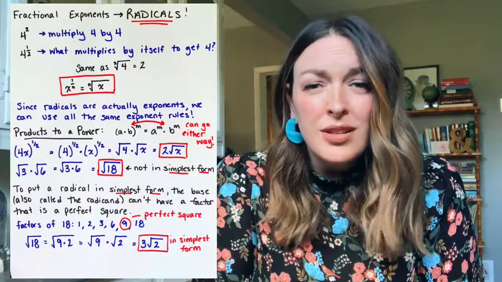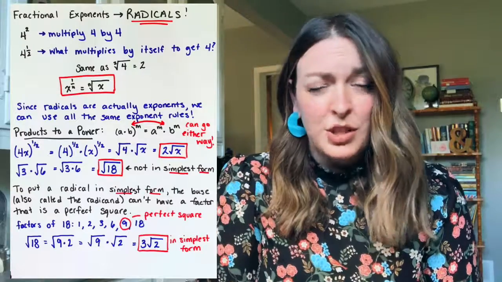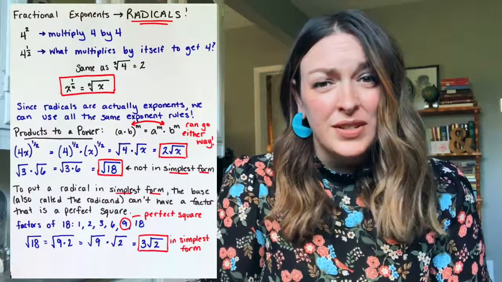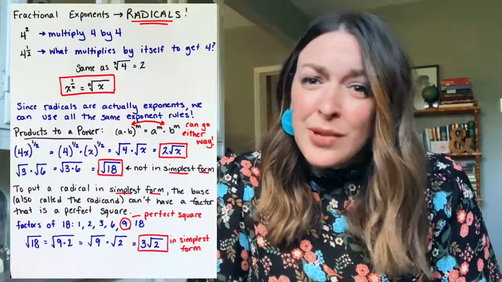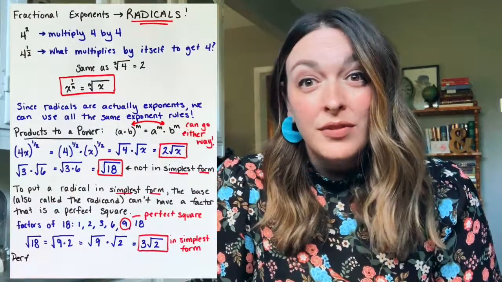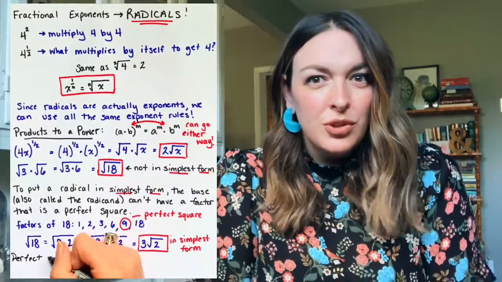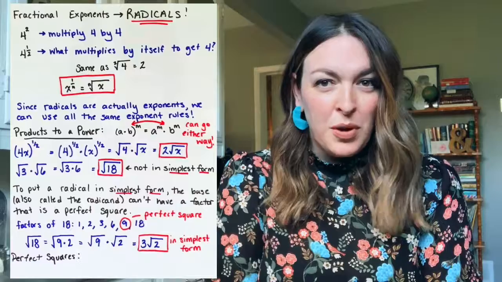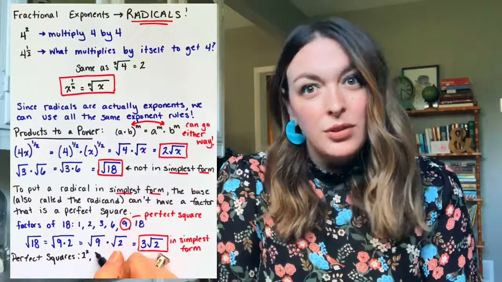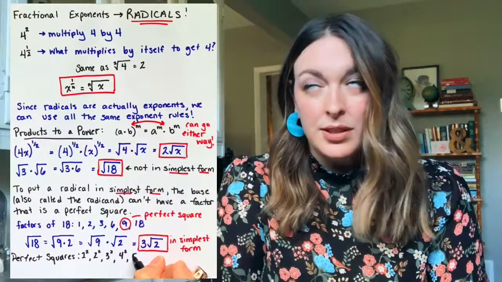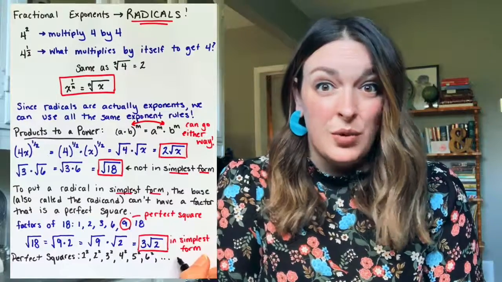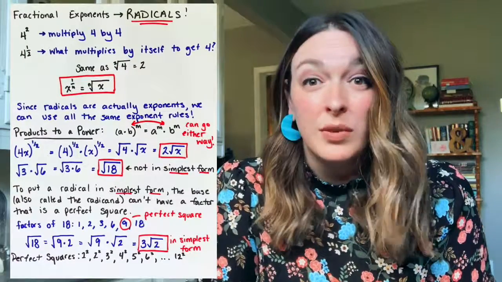So in order to simplify radicals like this, you really, really need to know your perfect squares, especially the first 12. So how do you find perfect squares? Well, you just square the numbers from 1 to 12. 1 squared, 2 squared, 3 squared, 4 squared, 5 squared, 6 squared, 7 squared, 8 squared, 9 squared, 10 squared, 11 squared, 12 squared.